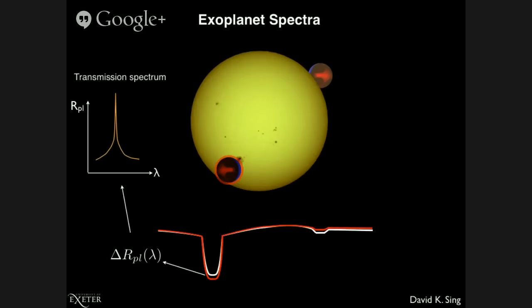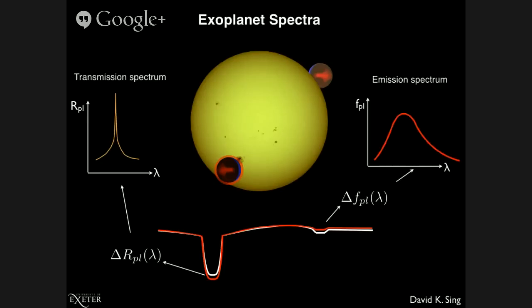And you can play the other trick while the planet goes behind the star during the secondary eclipse. During this event, you can very effectively subtract out the light of the star from the light of the planet and separate them, and you're left with just the flux of the planet itself. If you're in the near infrared, you can take many different secondary eclipses at many different wavelengths, and you build up an emission spectrum.